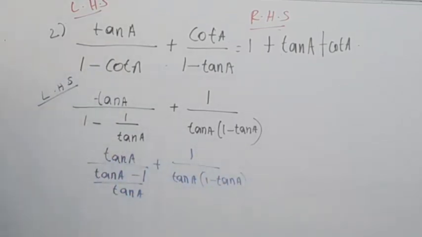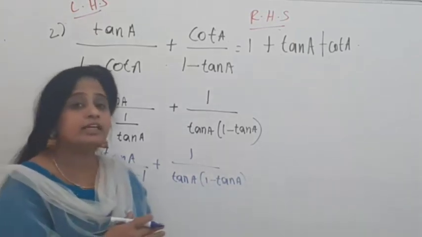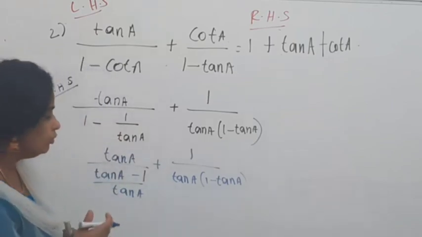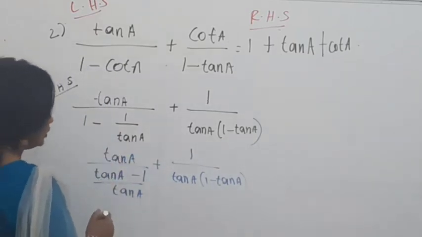Now this goes to the top. Why? Because division is nothing but the multiplication of the reciprocal. So you know that. So I take this on the top.